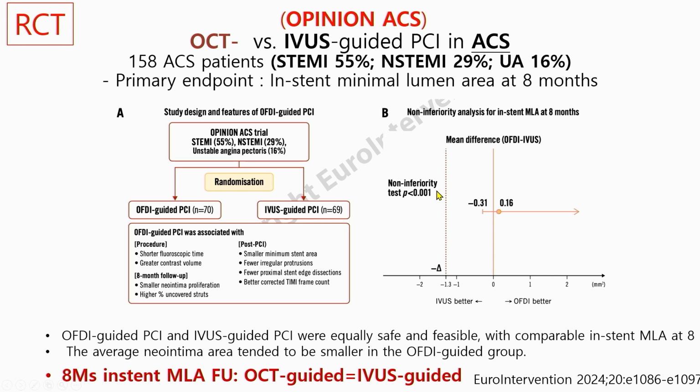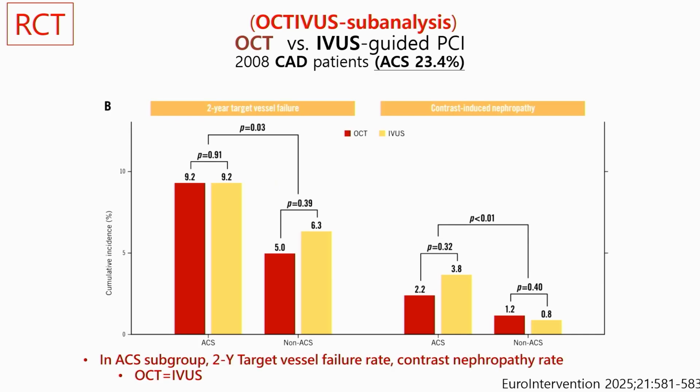So we can see the 8 months follow-up, actually, in-stent MLA follow-up, we can see the OCT guide actually is similar to the IVUS guide. So in this result, it shows there's no difference in MLA follow-up for the in-stent lesion.